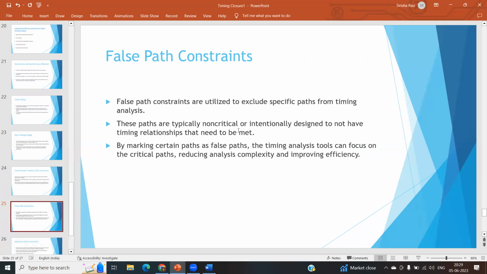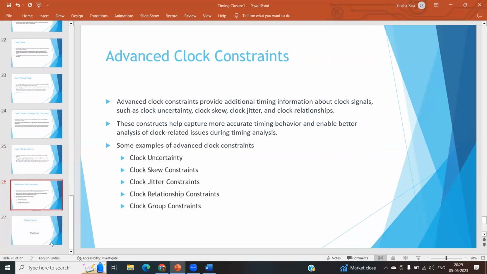These paths are typically non-critical or intentionally designed to not have a timing relationship that needs to be met. By marking certain paths as false paths, the timing analysis tool can focus on the critical paths instead of wasting time on the false paths, reducing analysis complexity and providing more efficiency.